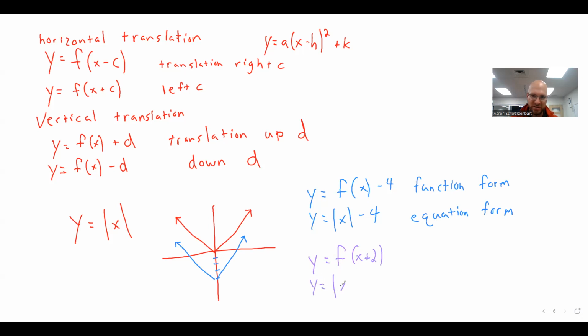In equation form, that's the absolute value of x plus 2. That should be an absolute value, not a parentheses. So what does that do? Shifts it left C, which is 2. And there's my basic translations.